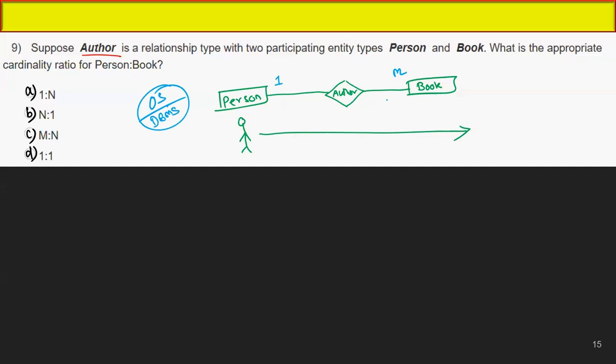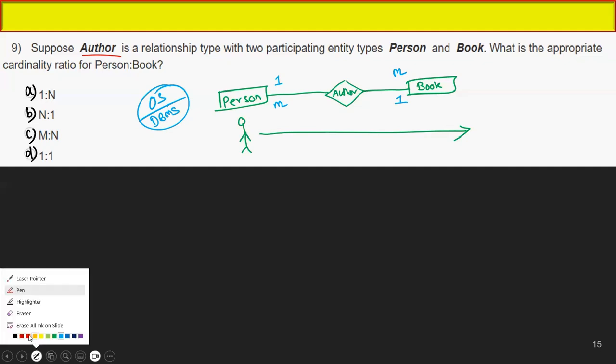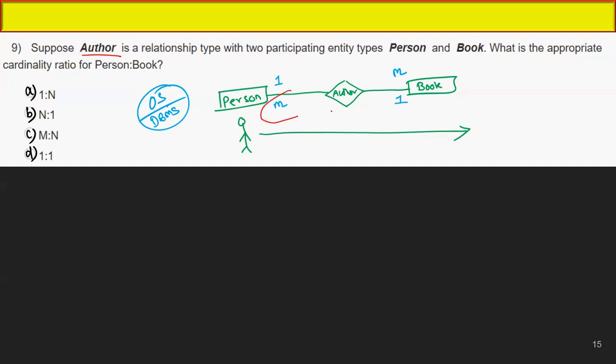And also one book can be written by many persons. So if you observe, there is a beautiful cardinality called many to many cardinality. You accept it or not, my dear friend?